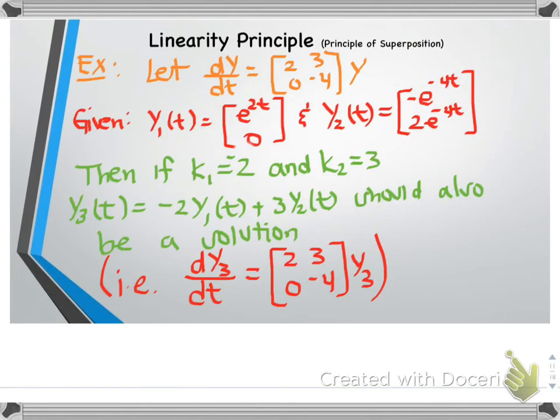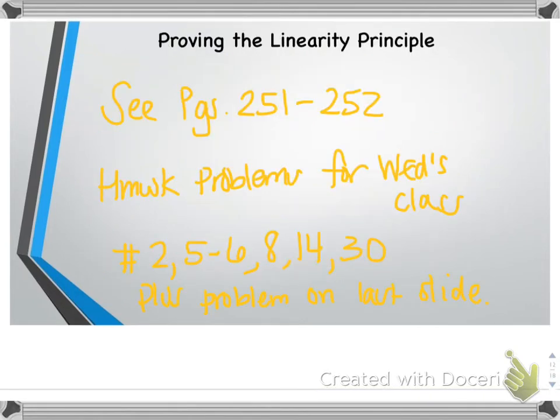And so here we have this example of the linearity principle, which I'm going to go over in 1 minute, but I just want to say this because you're actually going to have a homework assignment. Before I do this, I want to say that the next slides about proving the linearity principle are in your book, and I want you to write them down, because I think they do a really good job.